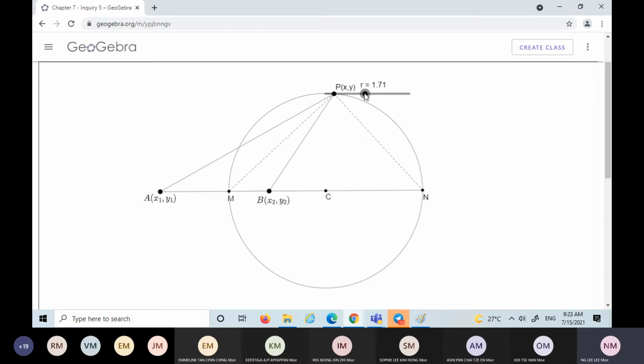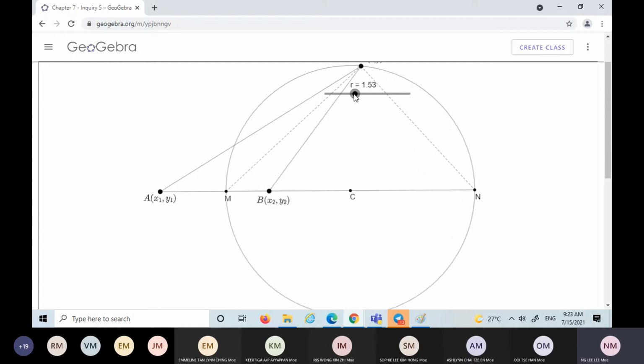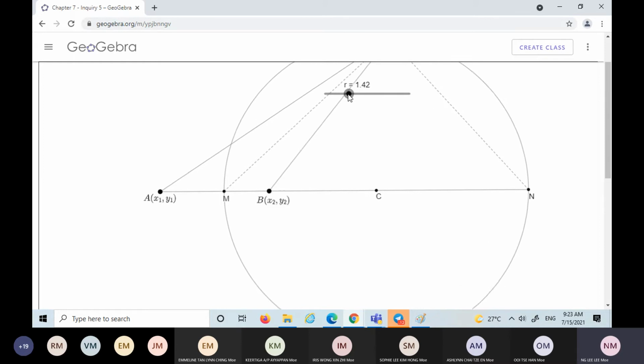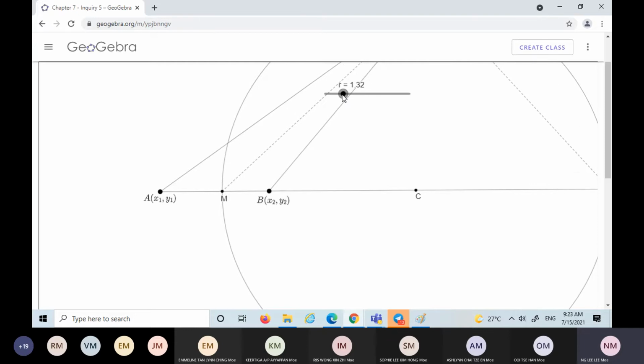When the ratio is 1, it means PA is exactly equal to PB. Now 1.449, you see the circle still grows bigger and bigger.